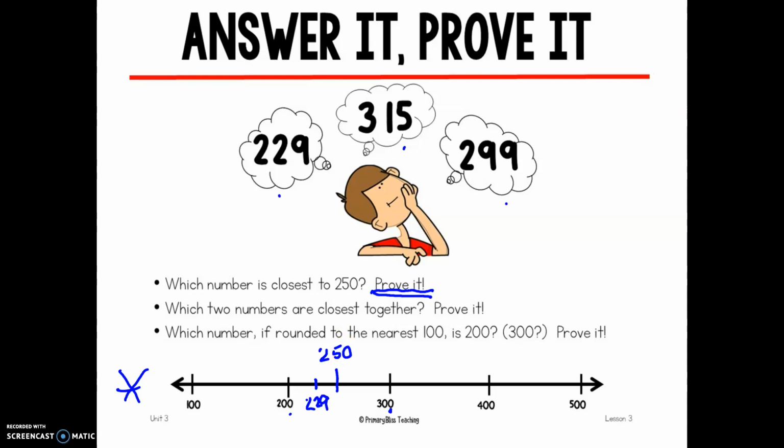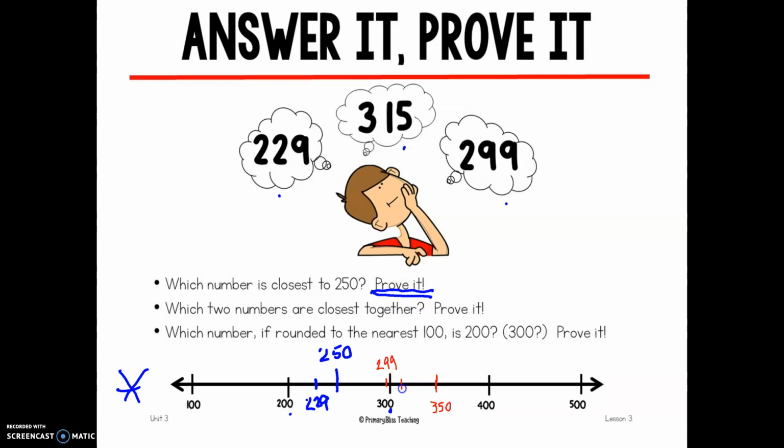Okay, now we're going to try the next one. Which two numbers are closest together? Well, I already have 229 on the number line. I might as well put 299 on the number line. It's going to go about right there. And 315, well, here's 350.